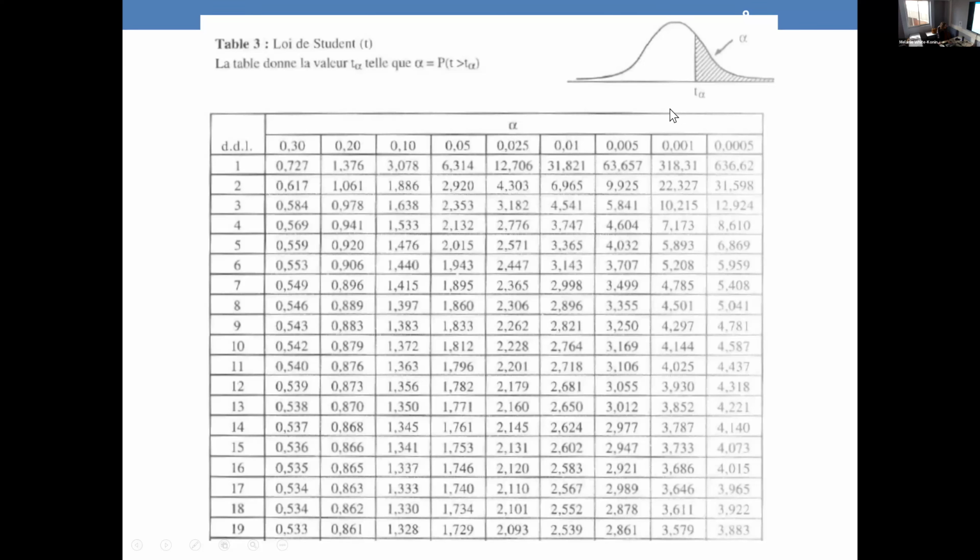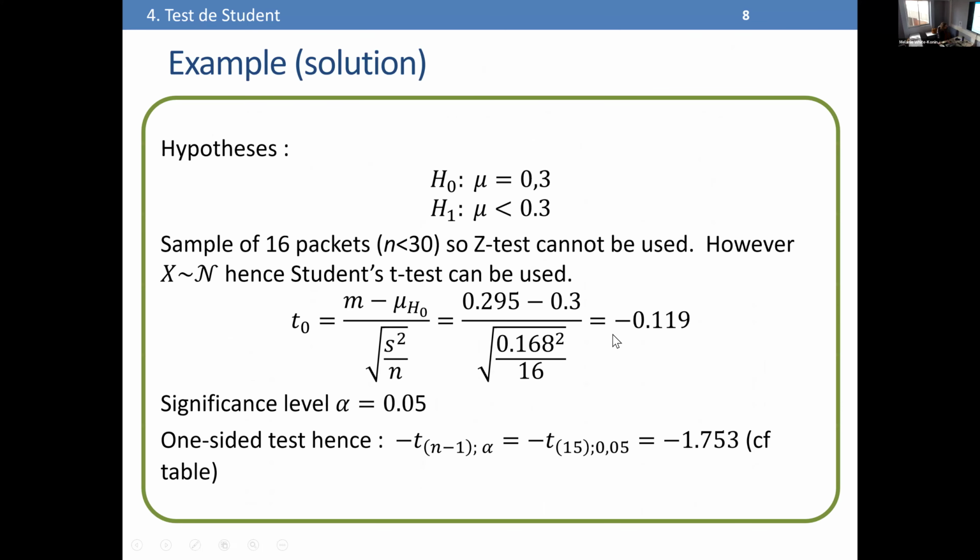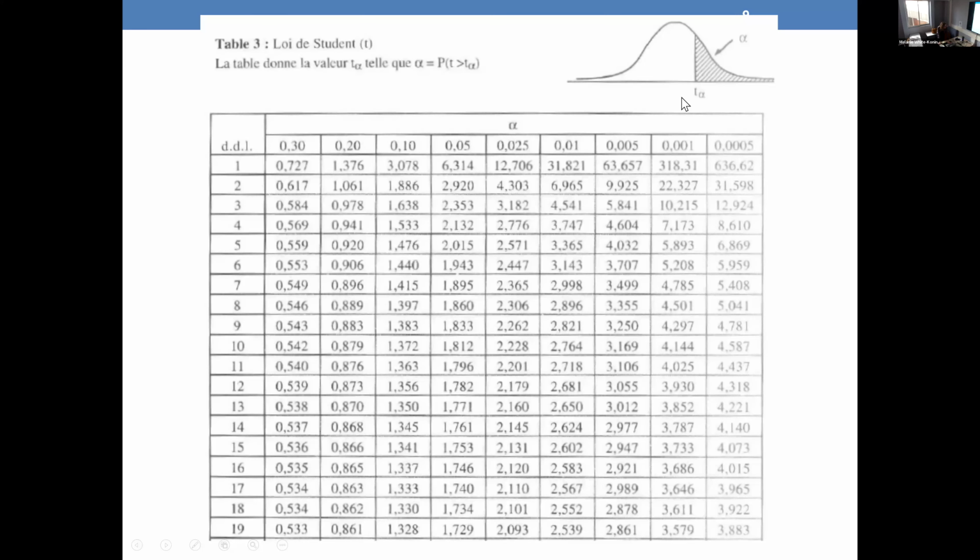And we found a value of minus 0.119. So now we need to know, what are we expecting? Where is it in this distribution? Is it in the very rare areas, or is it a normal value for this distribution?